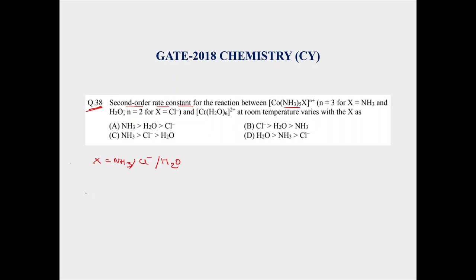So first of all, what is the reaction they are asking for? Cobalt. There are five ammonia coordinated to this cobalt complex, and X is another ligand, and this is reacting with [Cr(H2O)6]^2+.